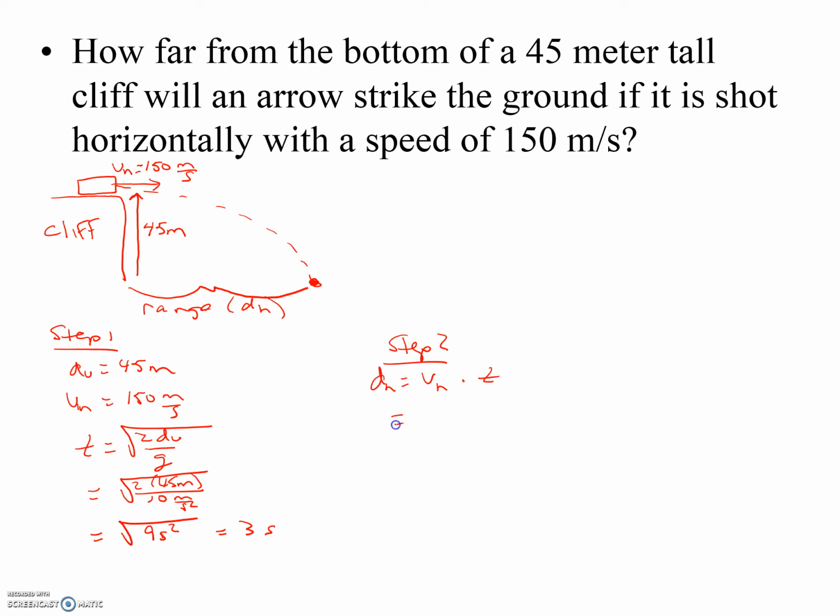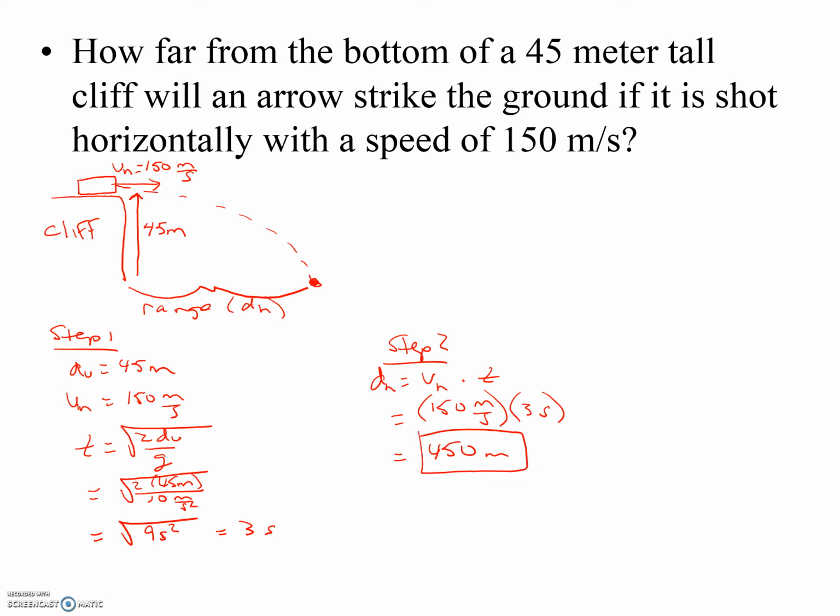We were given the horizontal velocity, so we'll plug in 150 meters per second. We calculated the time in step 1 as 3 seconds. So we'll take 150 times 3. The horizontal distance is 450 meters.